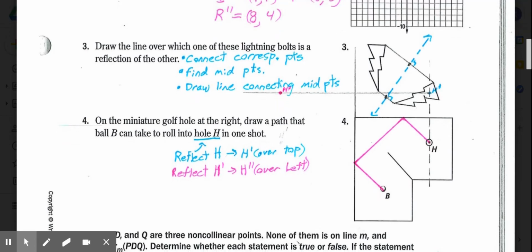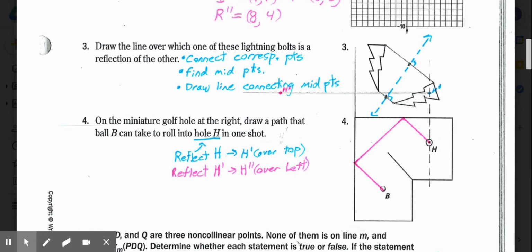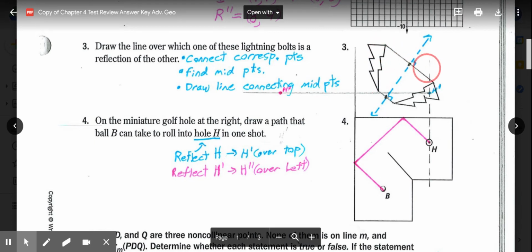Now moving to 3, they give us a figure that's already been reflected. Like it says, one of these lightning bolts is a reflection of the other. They want us to draw the line of reflection. The easy way to do this is to connect corresponding points on both lightning bolts, and you need to do that to create 2 segments. I connected the bottom points, and then I connected the top interior corresponding points.